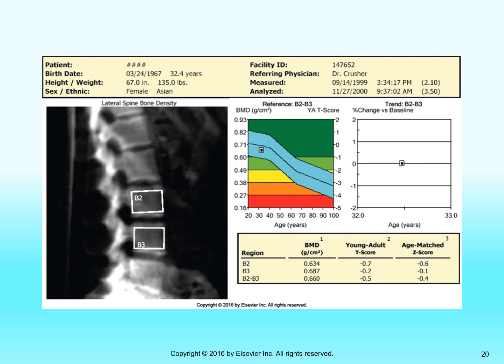It's giving you the bone mineral density in grams per centimeter cubed here at the bottom at B2 and B3, and then the difference of B2 and B3, or the average of B2 and B3, okay? Then an age-matched score in step 3 is telling you what variance you are versus the average for a human population.